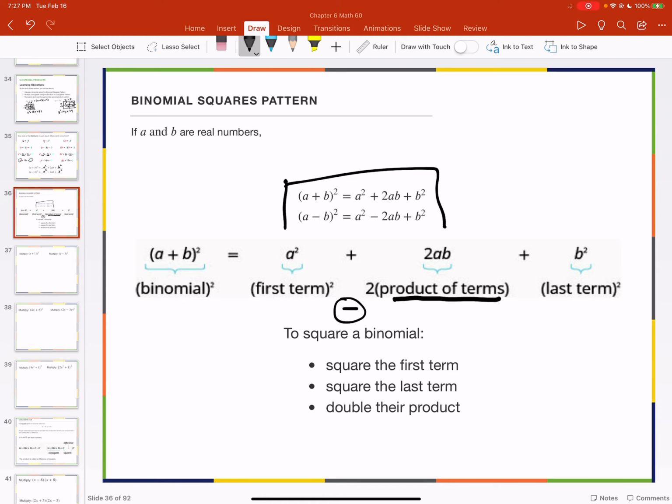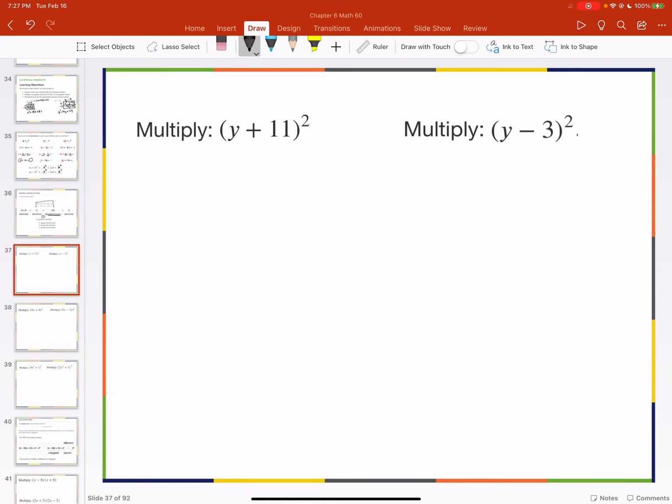So if you zero in on that, you square the first term, you square the last term, and then you double the product. So just in general, a plus b quantity squared is going to be the first term squared, last term squared, and then twice the product of the two terms. Okay, and if it's negative, a minus b squared, it's the first term squared, the last term squared, and then minus twice the product.